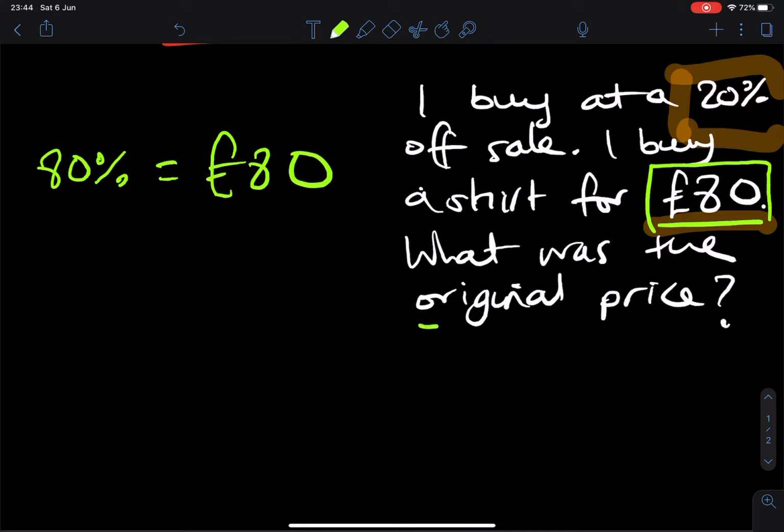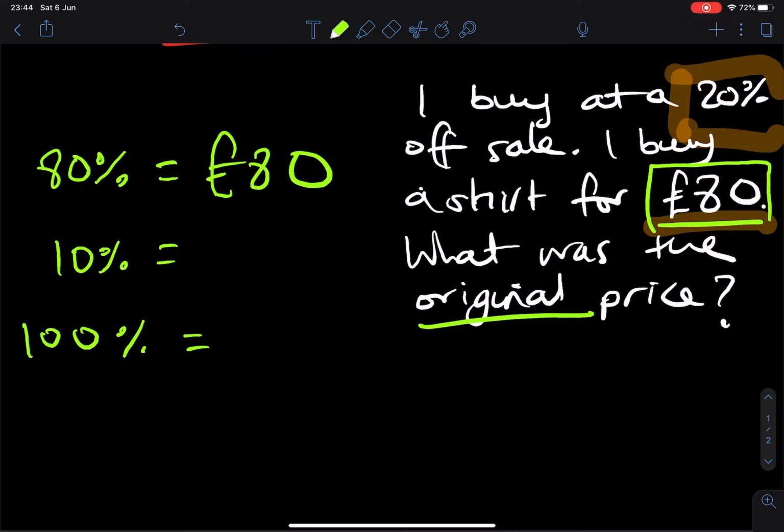If I'm trying to work out the original price, what I'm trying to do is work out 100%. So how would I do that? If I'm doing a non-calculator question, I want to work out what either 1% is or 10% or any number that can help me jump to 100%.